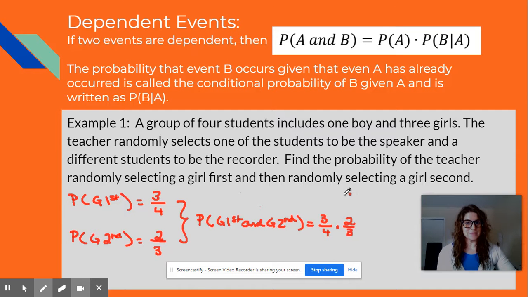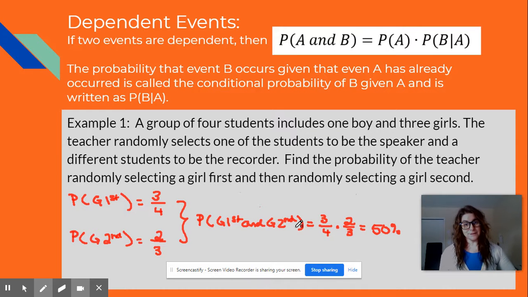And this should make sense that this is B with A taken away, because you decreased your value by the amount of which you took out the first time. So if I'm taking 1 girl away the first time, I'm decreasing my value by 1. And again, when you multiply that out, you are going to get about 50%. You get 6 over 12.